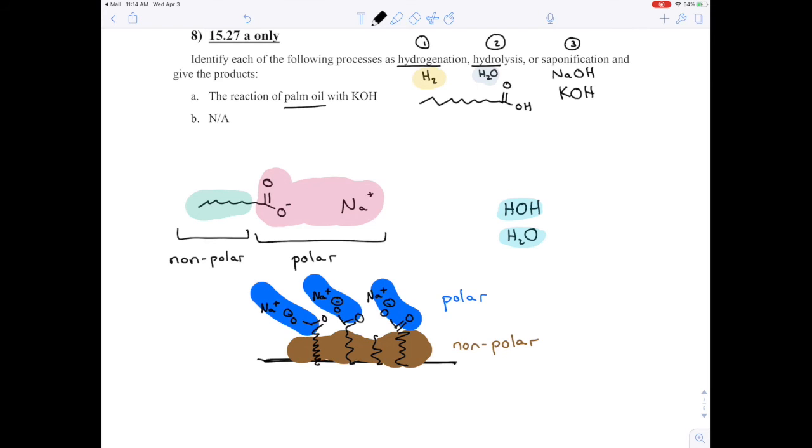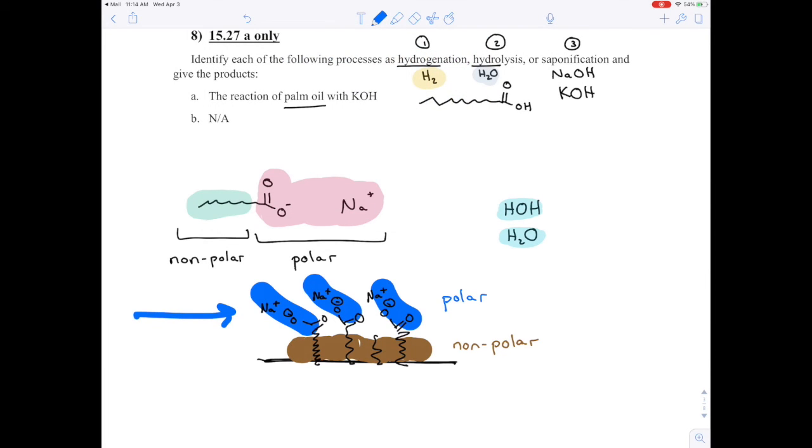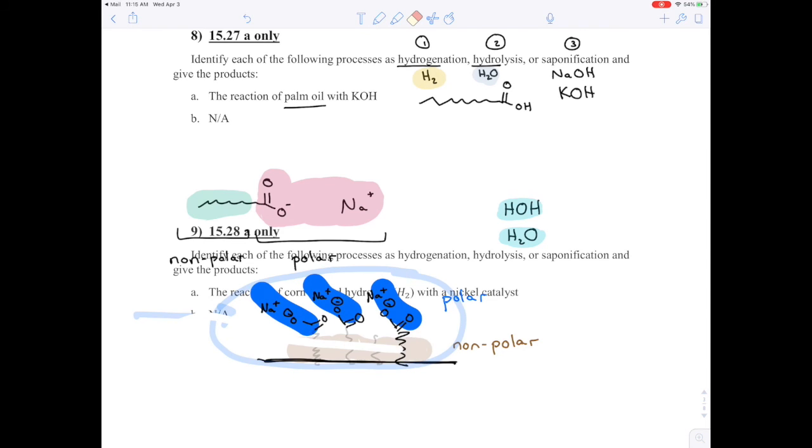So now you have these tails that are acting almost like anchors. They sink into the oil on your skin, and now when you wash water over your skin, it tugs on the heads, and the whole thing washes away as a unit. And so you're left just with your clean skin.